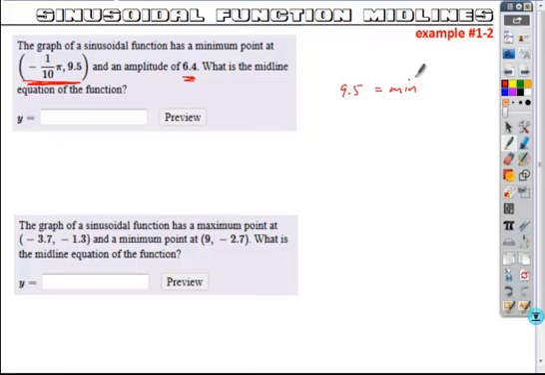So if there's an amplitude of 6.4, where does that mean the midline has to be located? How would you set this up? If we were to sketch what we have just down here, let's say 9.5 is our lowest point.